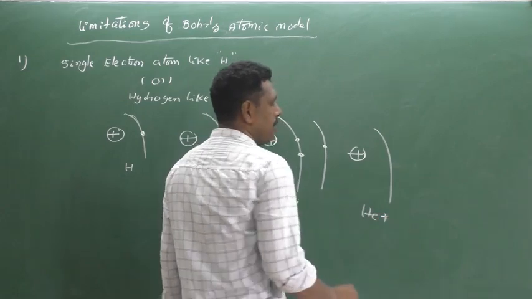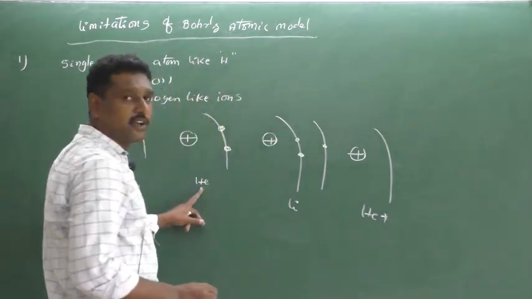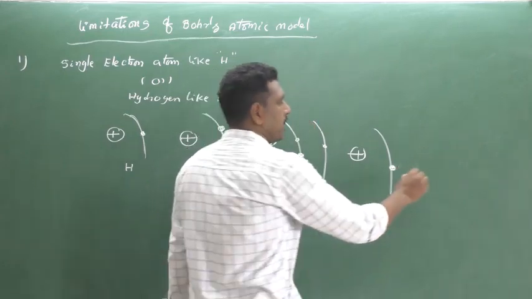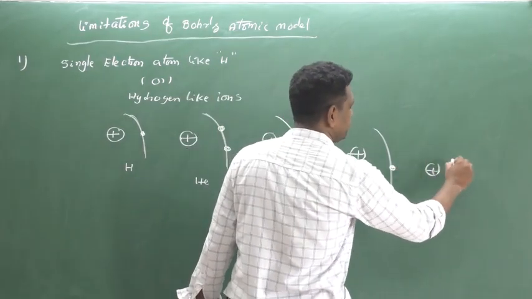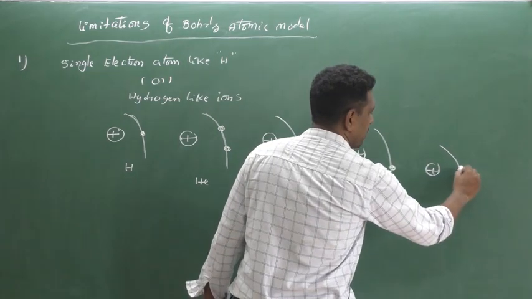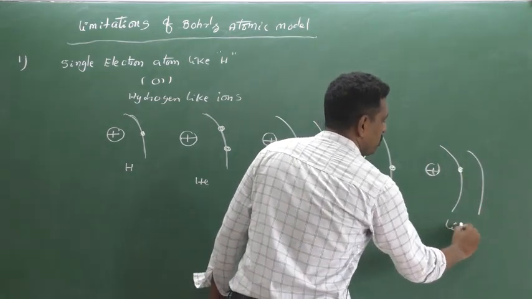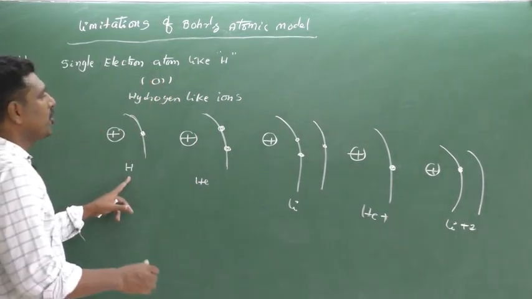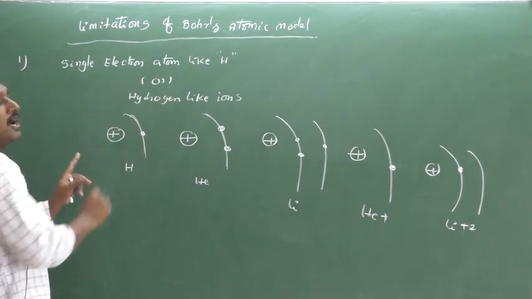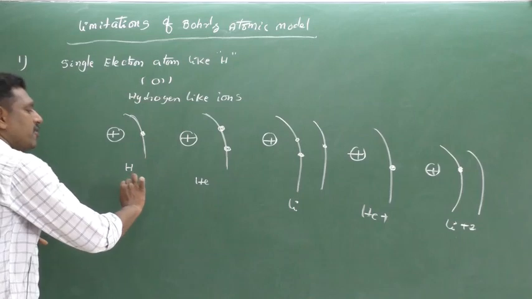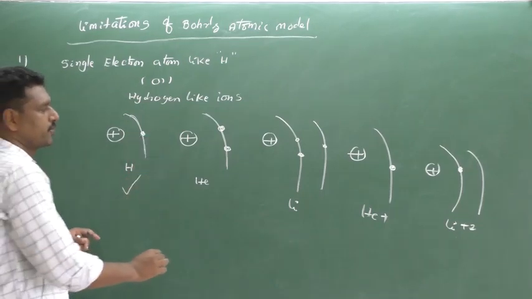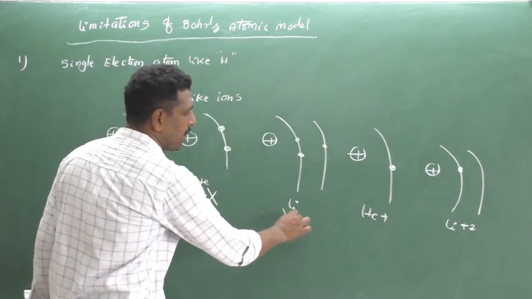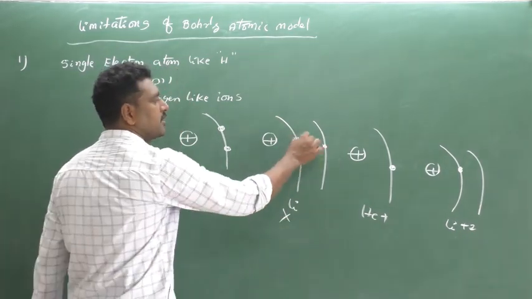Next, He plus 1 means helium lost 1 electron. Therefore, it has only 1 electron. Next, Li plus 2: it lost 2 electrons, so here 1 electron. Therefore, Bohr's atomic model is applicable for hydrogen. It is not applicable for helium or lithium, because there are 2 or 3 electrons.